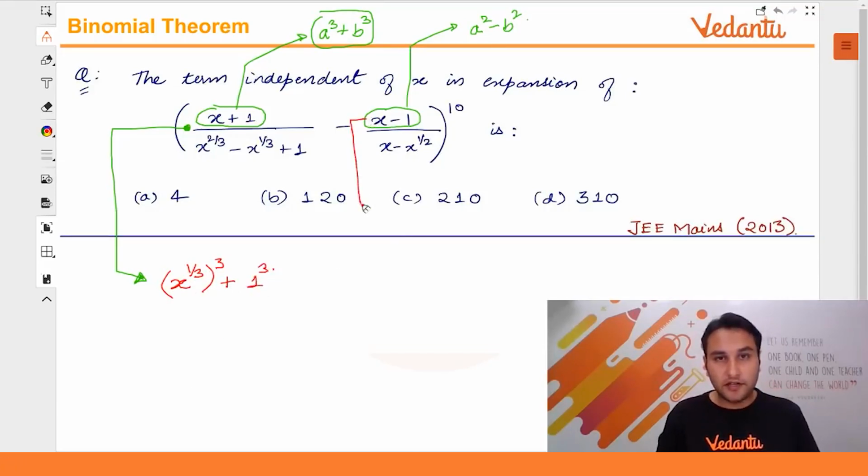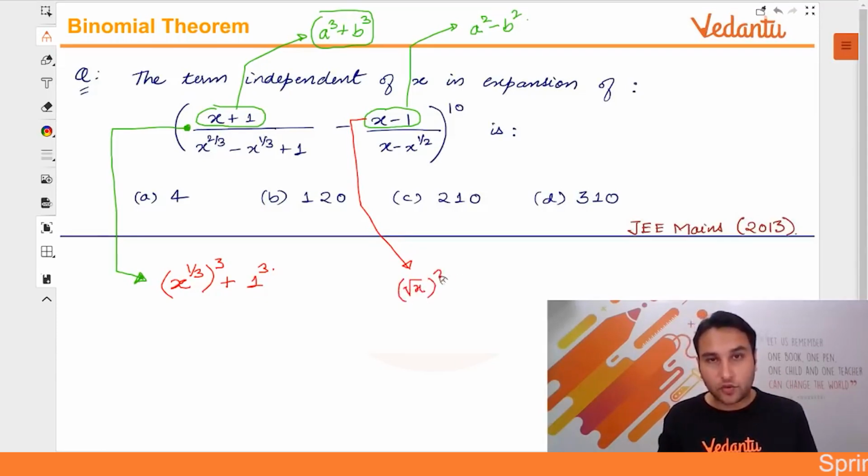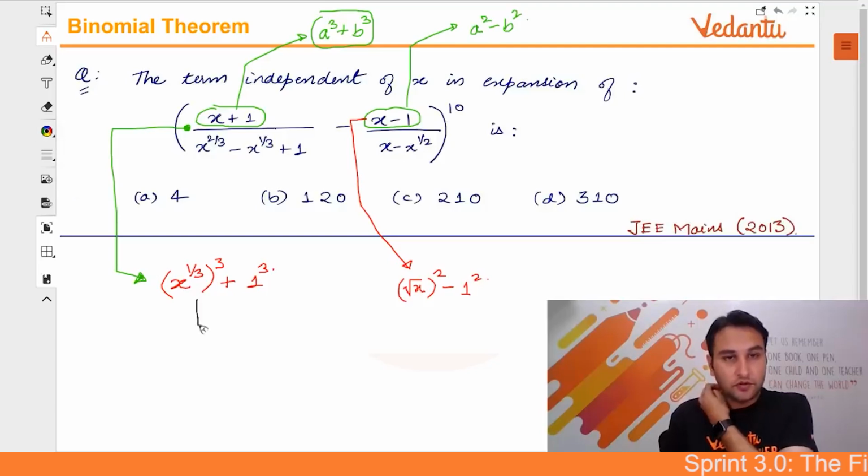And similarly, can you think of it like under root of x का square minus 1 का square? Yes or no? If yes, suddenly your problem will start appearing very simple because you know its expansion.